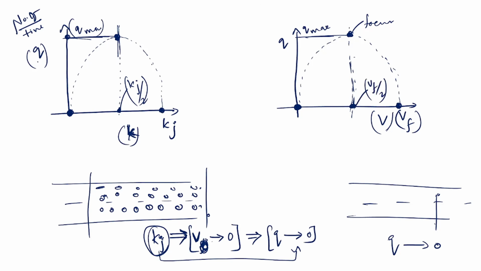Now, these mathematical expressions will tell you Q maximum will occur at Kj by 2 and at Vf by 2.